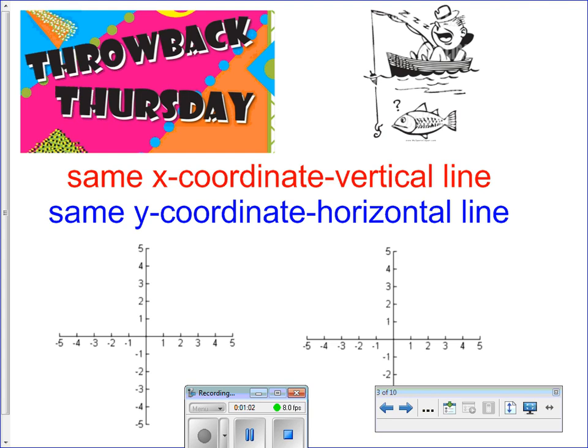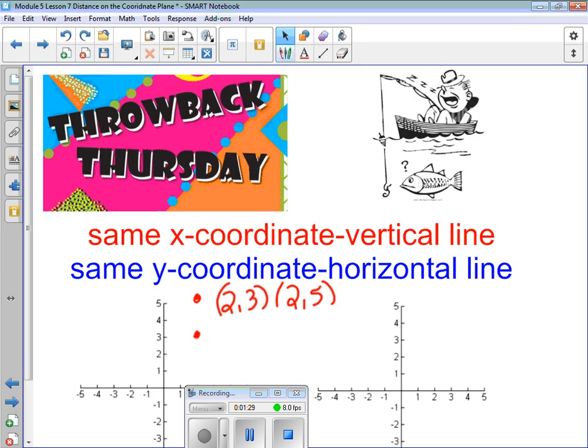So if we have a set of ordered pairs with the same x-coordinate, like 2, 3 and 2, 5, when the x-coordinate is the same, which coordinate is different? The y-coordinate is different.